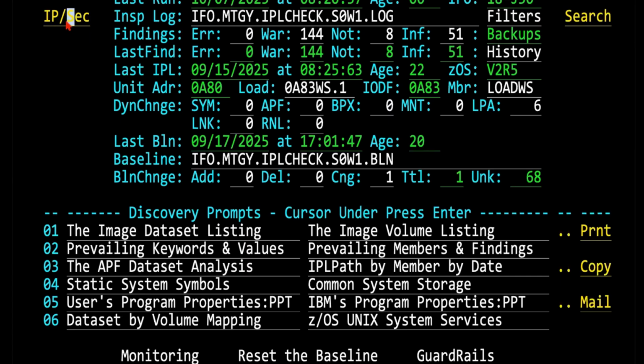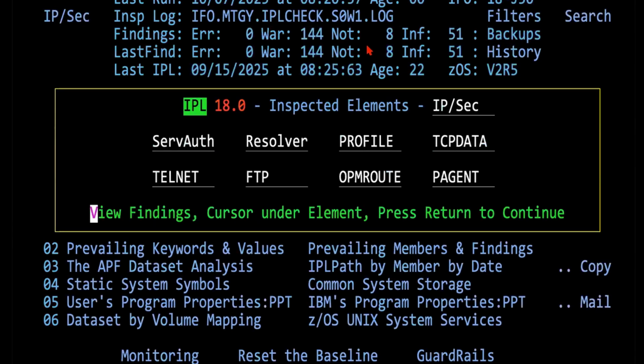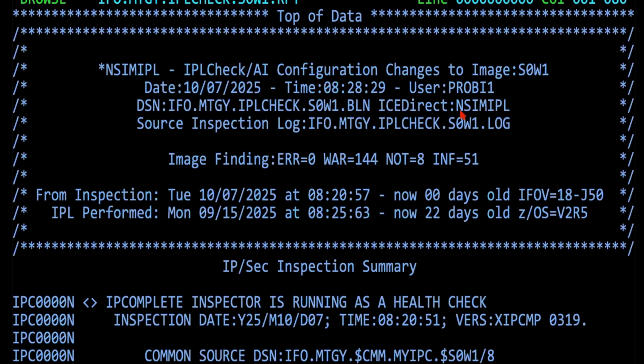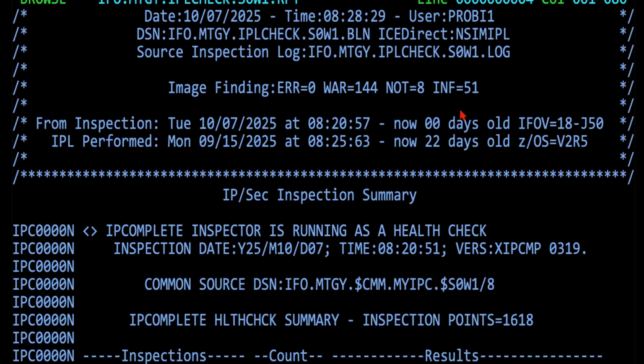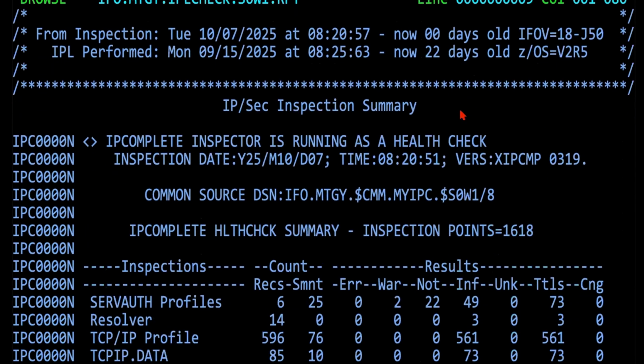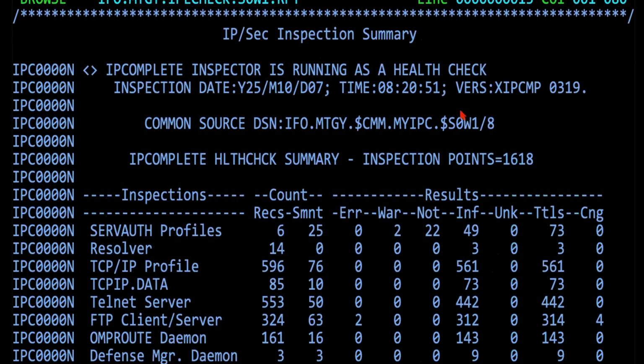We also do additional inspections with our supplemental inspectors, an extra license that covers things like cert auth, resolver, profile, data, pageant, etc. And if you have this, you also get a global summary of the findings that are associated with those particular inspectors.